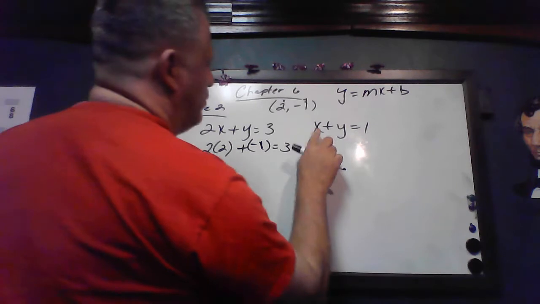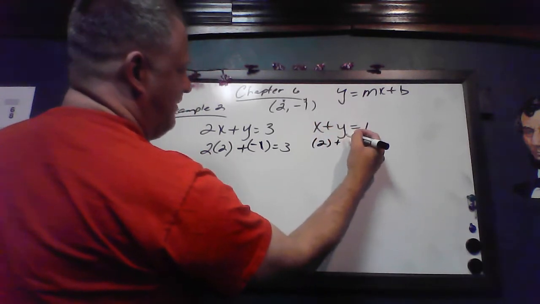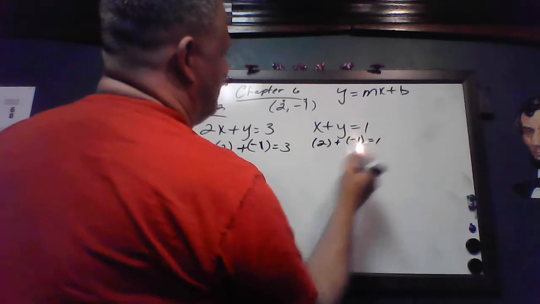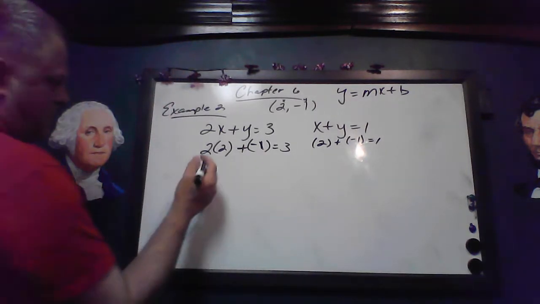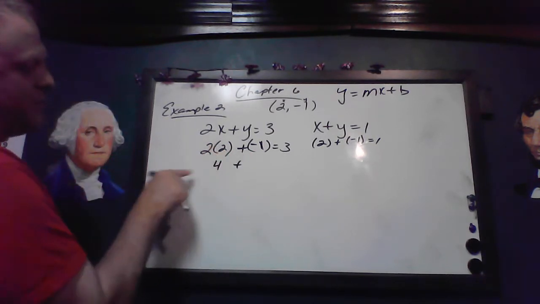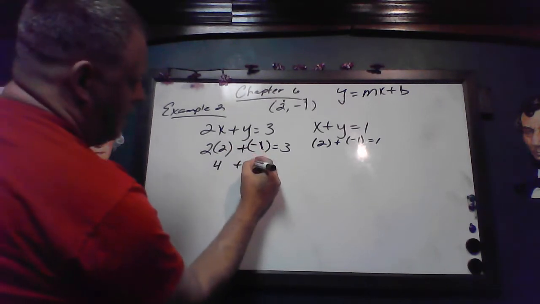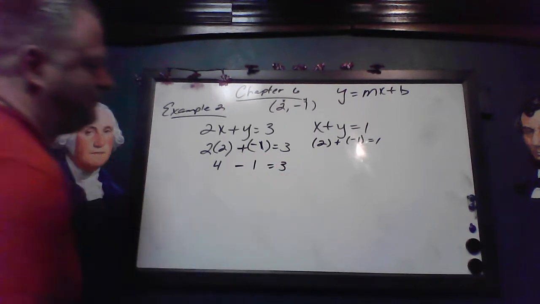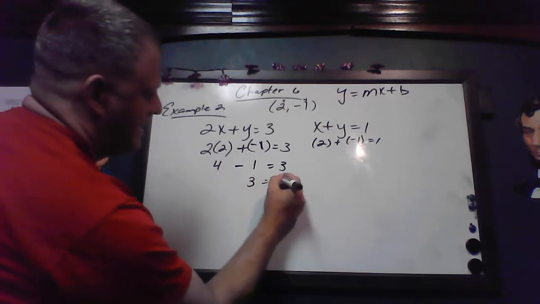And let's come on over here too. 2, we really don't need those parentheses, but just to give you the idea, plus -1 equals 1. Okay, good. Now we do our multiplication, which is 4 plus, 2 times 2 is 4. Positive times a negative is a negative, -1 equals 3. And then 4 minus 1 equals 3.